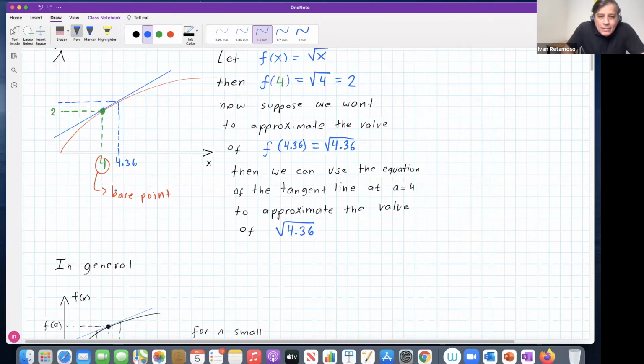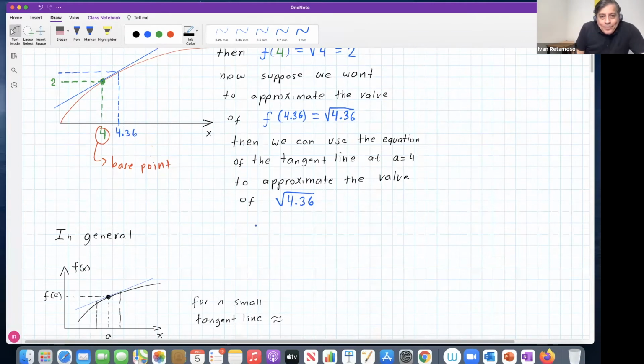As a percentage of 4 it is very small, probably 1%, 2%, right? In that sense, it is close, okay? And remember, guys, we're doing this on the right. Most of the time we will do it on the right, but it can be done also on the left, right? You can choose points close to 4 from the left.